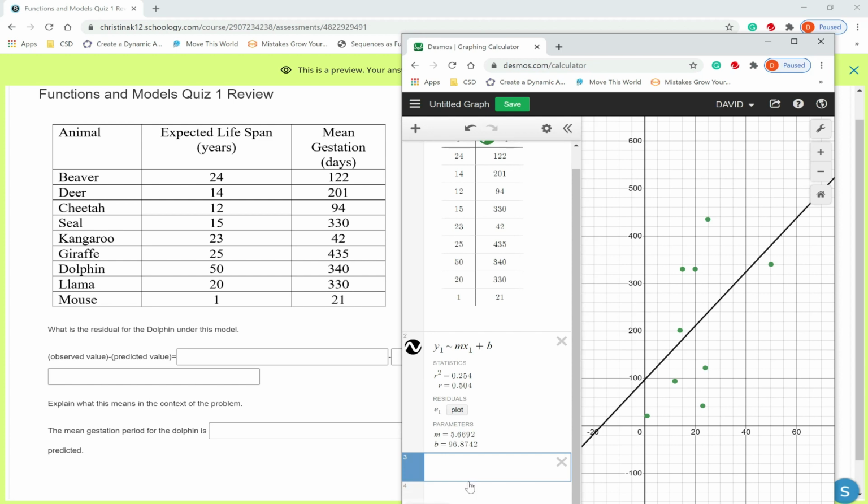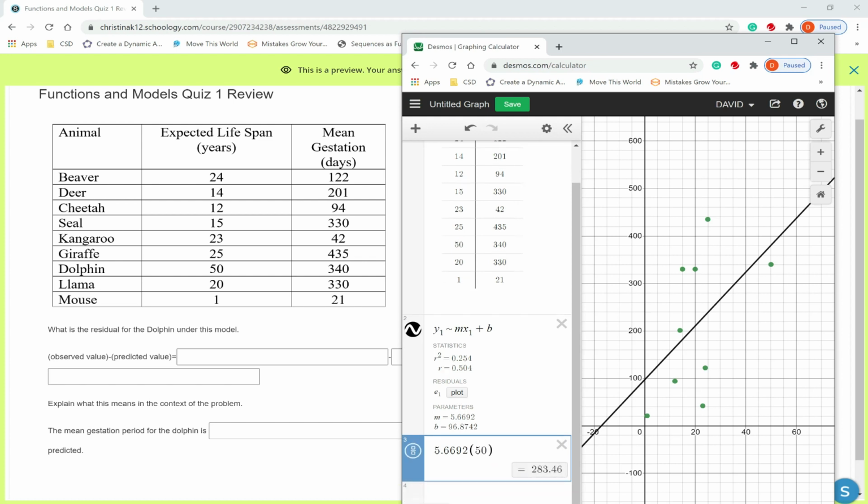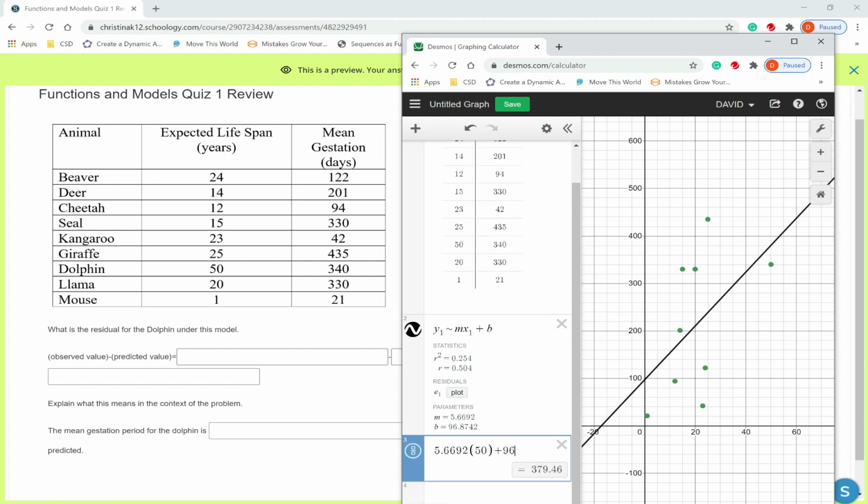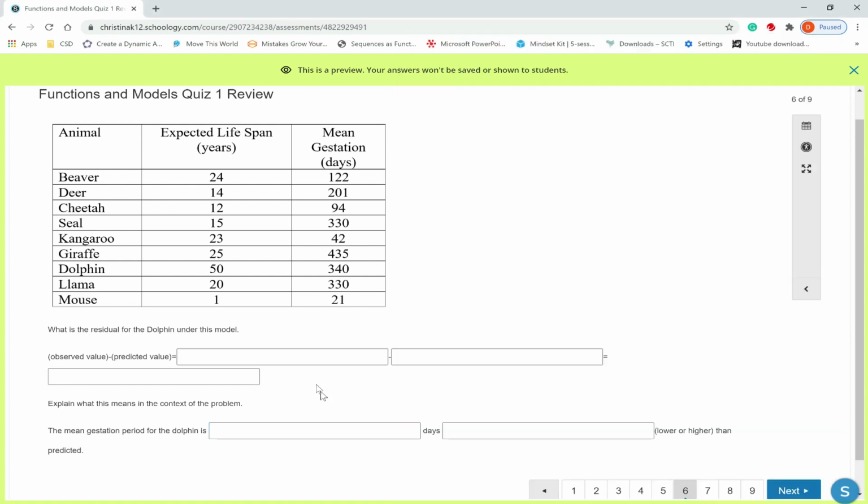So we're going to type in our equation, 5.6692 times 50 plus 96.8742. So this is my predicted value, 380.3342. My observed value is going to be 340.